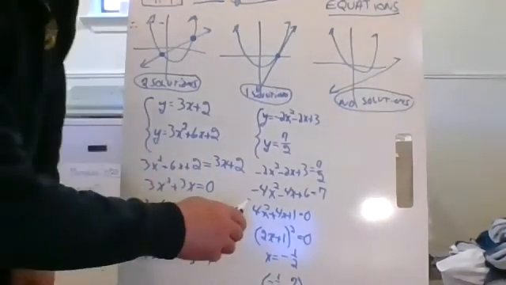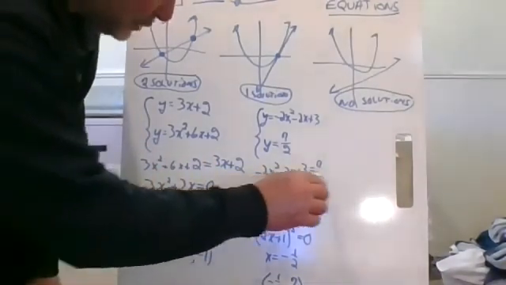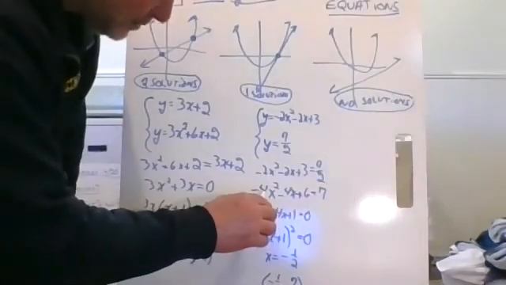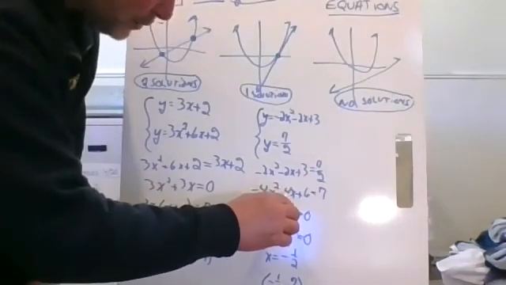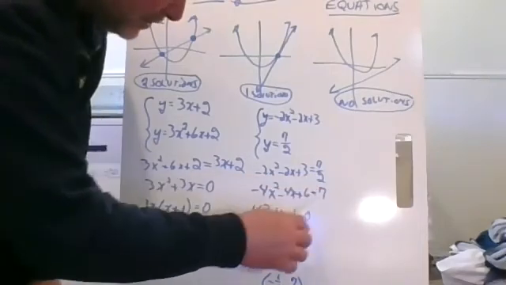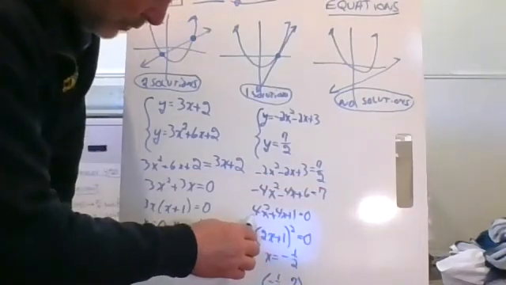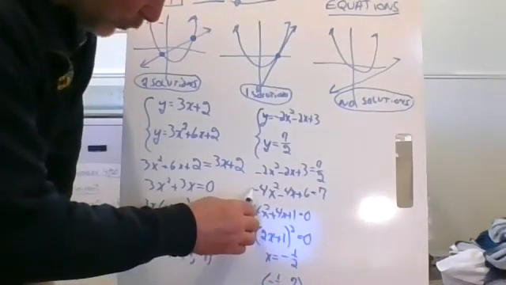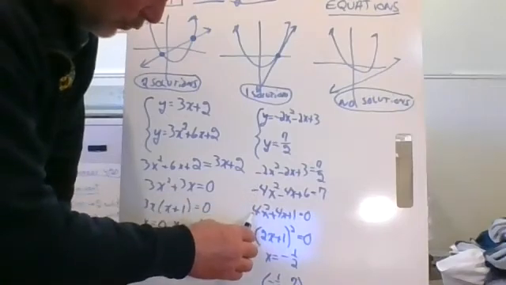What I did is I brought everything to the right, made it positive 4x squared plus 4x plus 1 equal to 0. And so we wouldn't start with the negative. I wanted to start with the positive x squared.